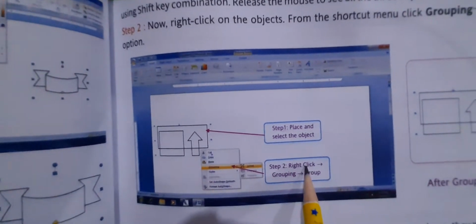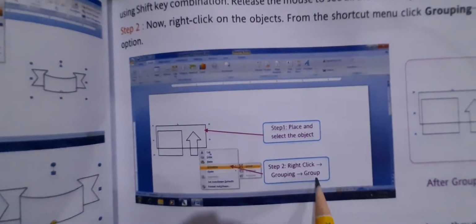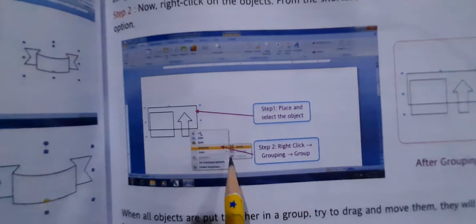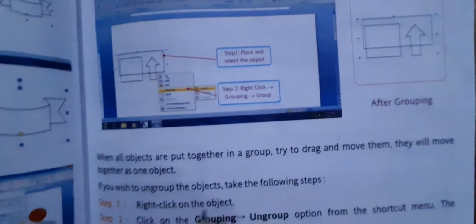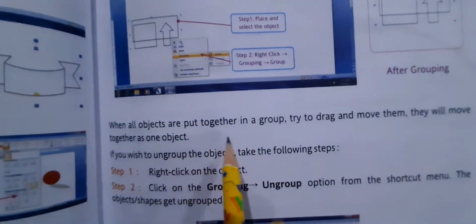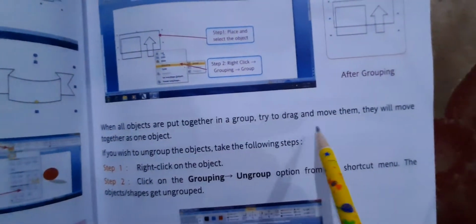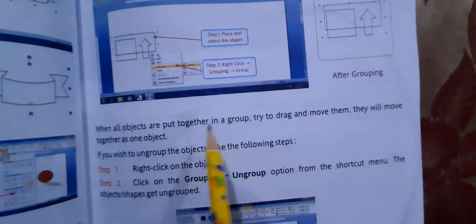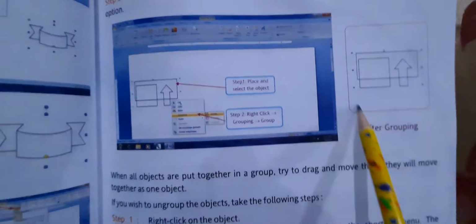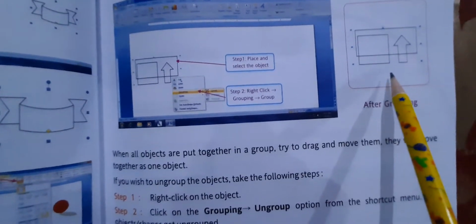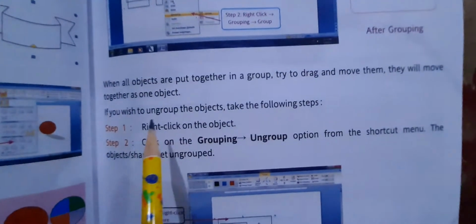Okay, first you have right clicked, then grouping, and from there you will search for group. After grouping it will look like this. When all the objects are put together in a group, try to drag and move them. They will move together as one object. See, after grouping this box will come, and now if you try to drag them, they will move together.